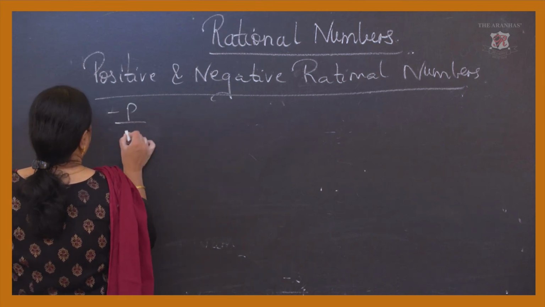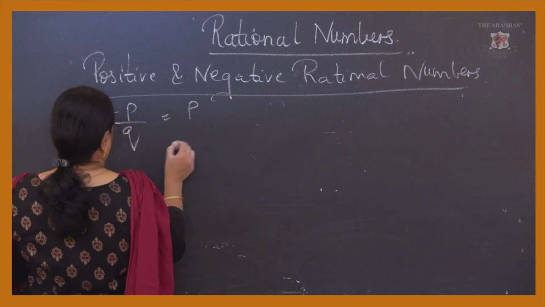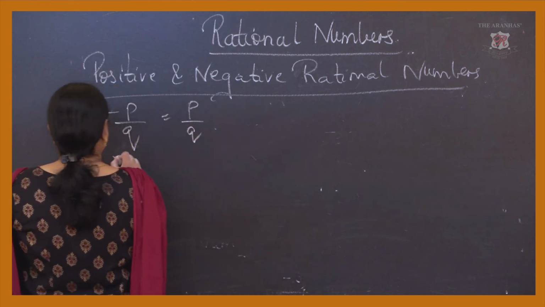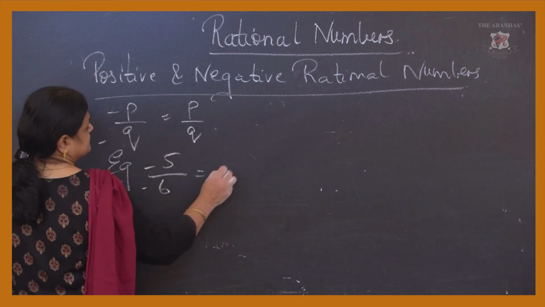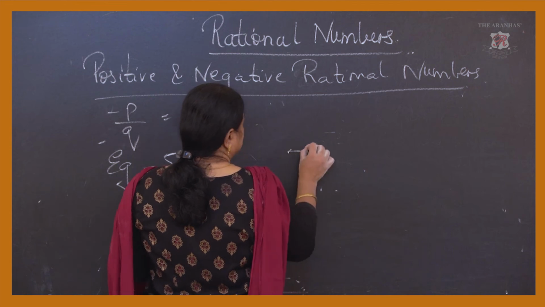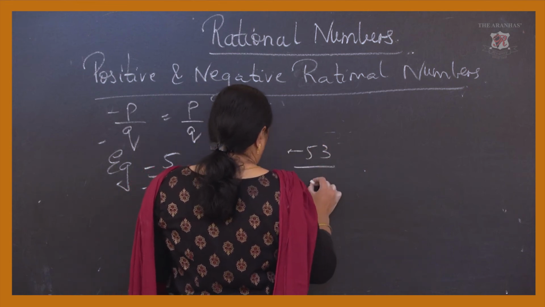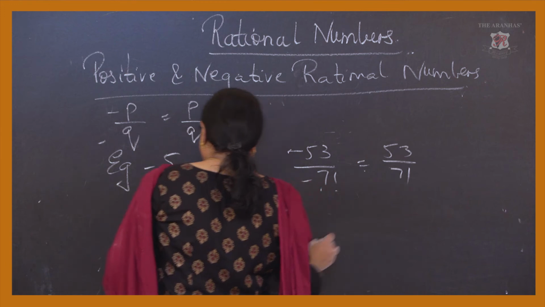So here minus p upon minus q is equal to p upon q. For example, I can take minus 5 upon minus 6 is equal to 5 upon 6. Then I can take minus 53 upon minus 71 is equal to 53 upon 71.